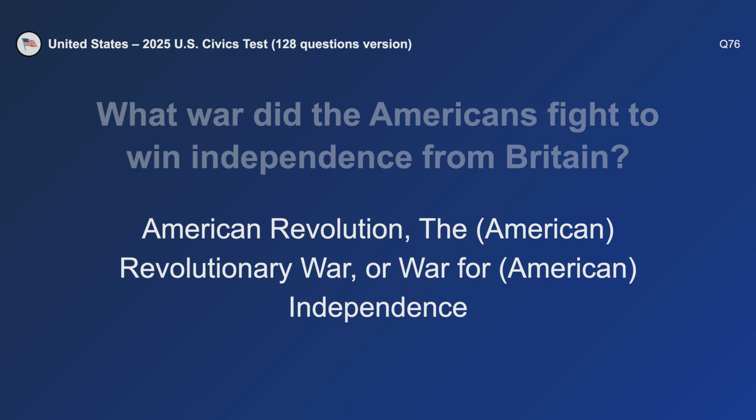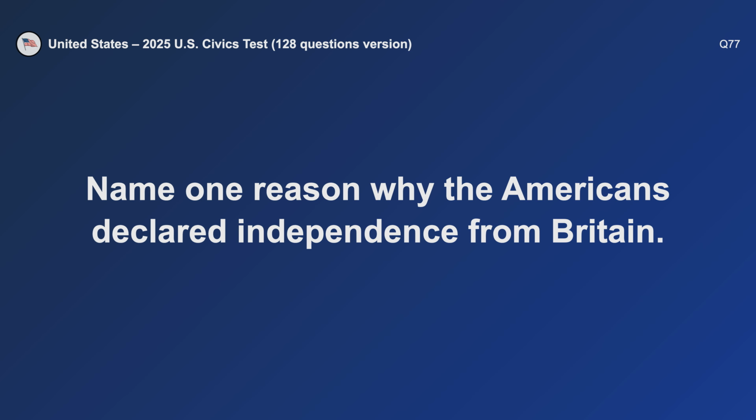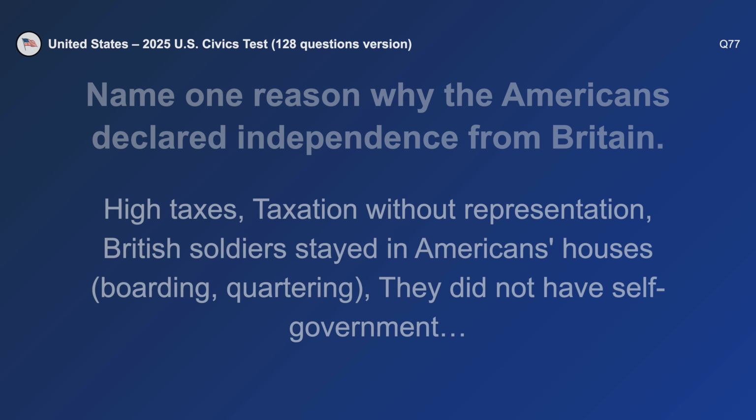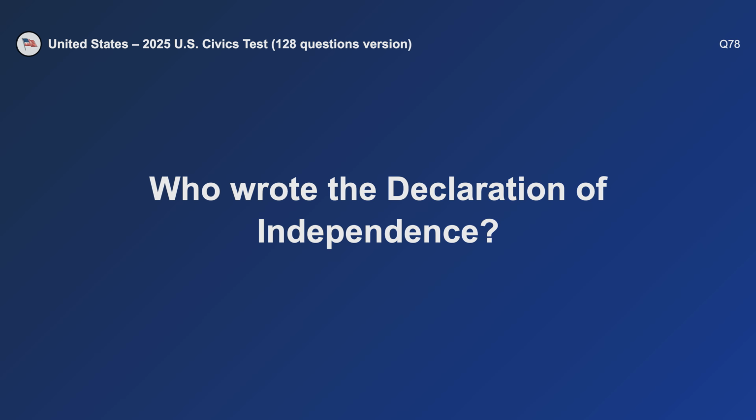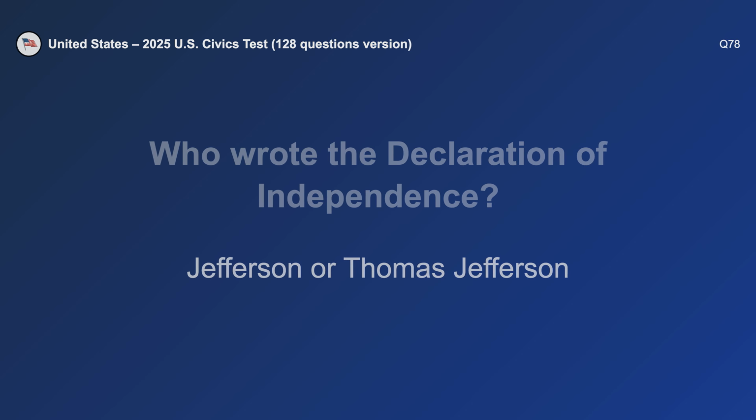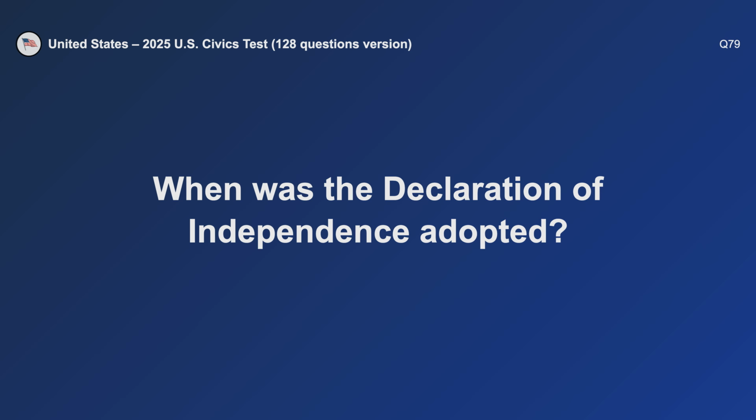American Revolution. Name 1 reason why the Americans declared independence from Britain. High taxes. Who wrote the Declaration of Independence? Thomas Jefferson.